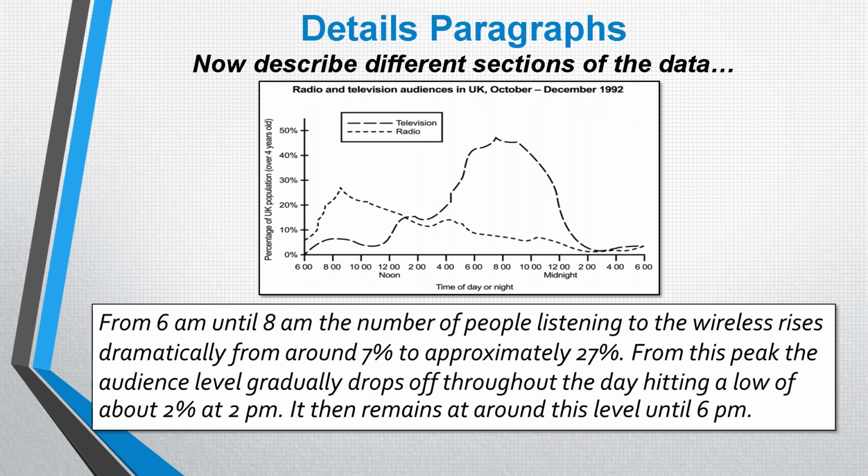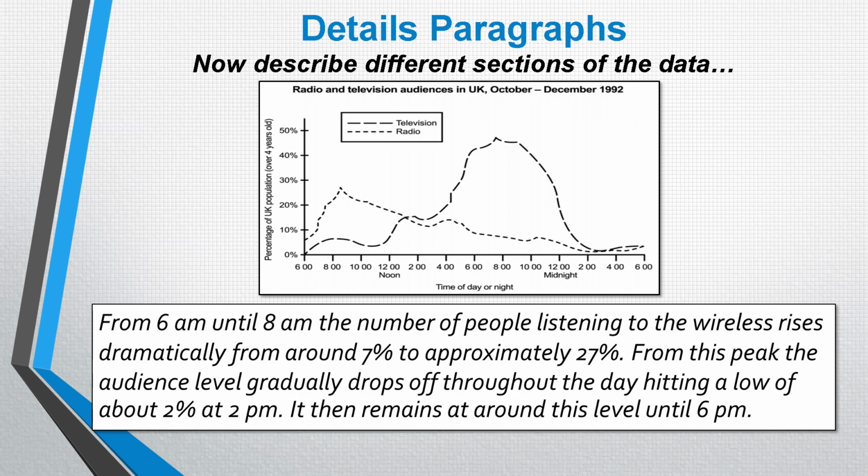Now, if there were more, maybe let's say 3, 4, 6 or more different items of information that needed describing, what we would do is put them into groups, and we would then describe the trend for each of those groups. I'll be showing you examples of this in future videos.